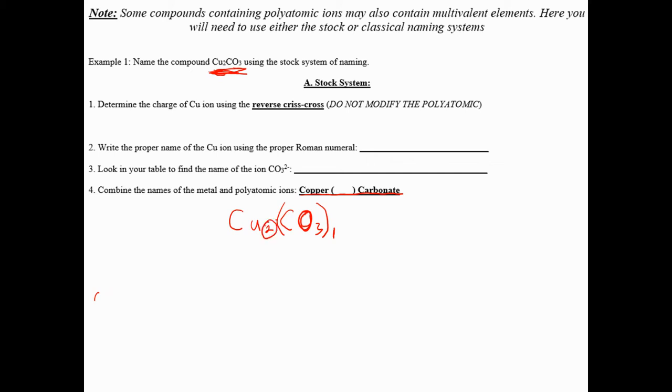Then you can just bring the 2 up there and the 1 over here, and you get Cu1 plus, CO3 2 minus. Does this make sense? If you look in your table, you'll see carbonate is 2 minus, so this is copper 1. So we have copper 1 is our metal, and then carbonate is our polyatomic ion. So we have copper 1 carbonate.